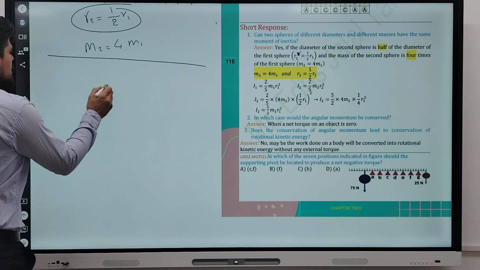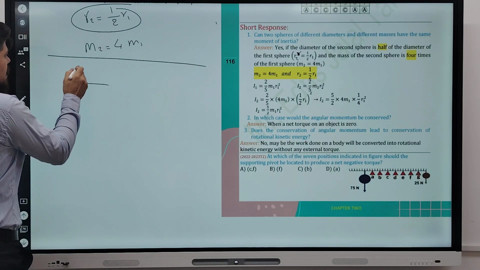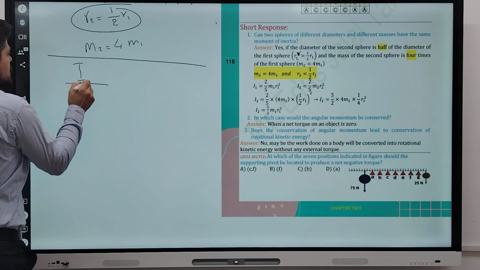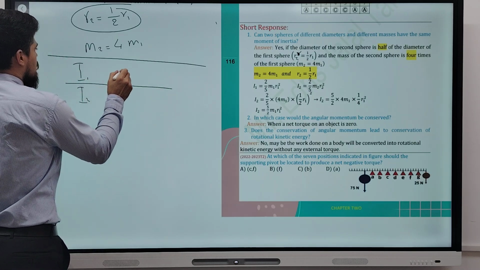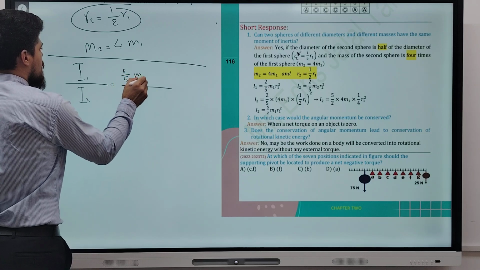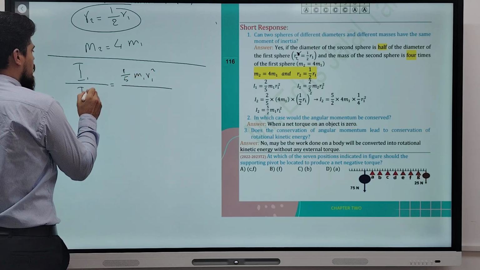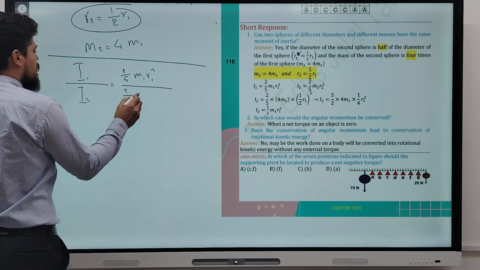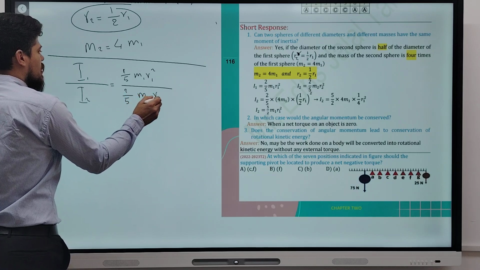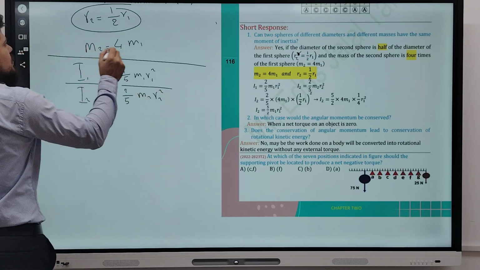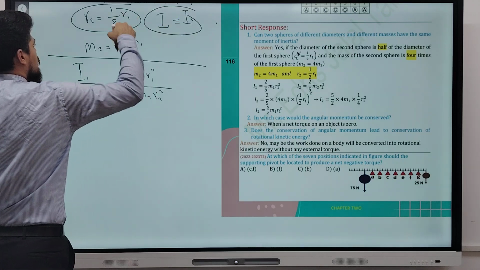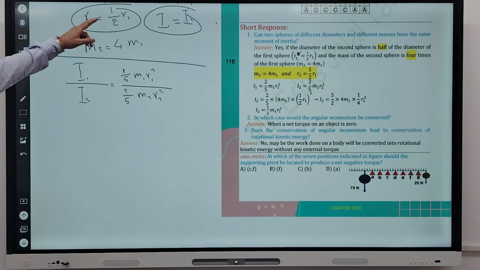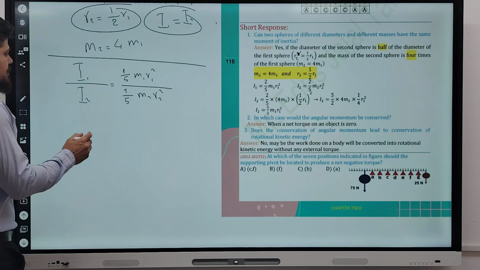For example, two spheres: the moment of inertia for the first sphere is equal to 2 over 5 M1 R1 squared. For the second sphere it is equal to 2 over 5 M2 R2 squared. Now I'm going to prove these two spheres have the same moment of inertia, even with different radius and different mass.